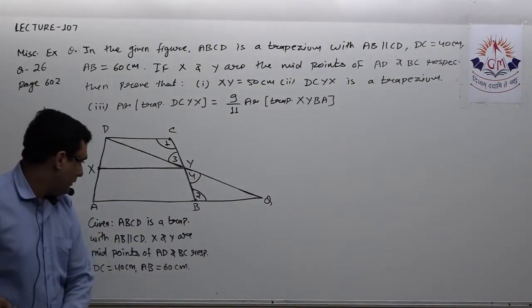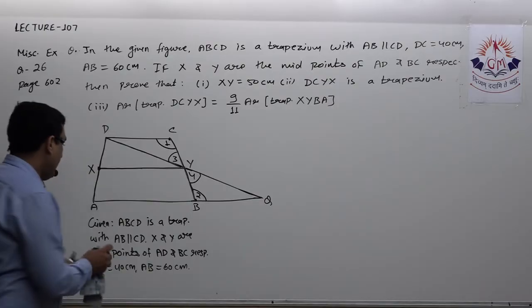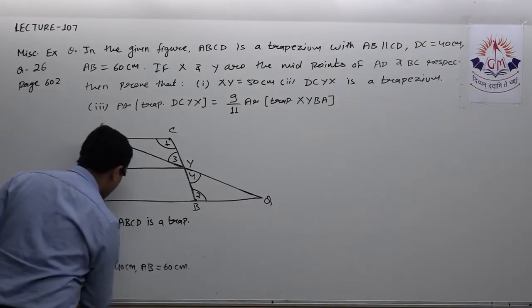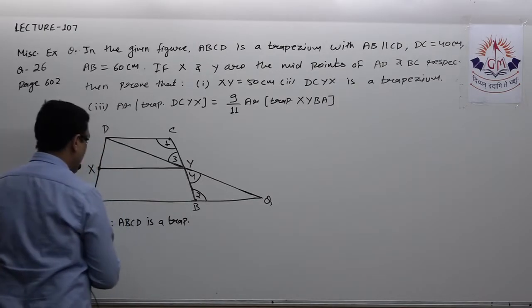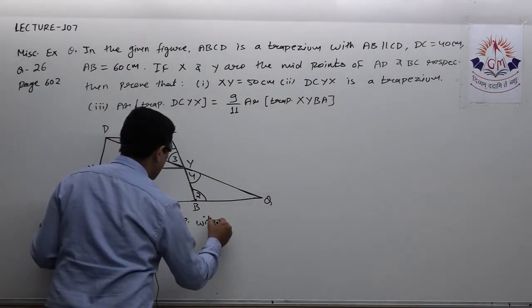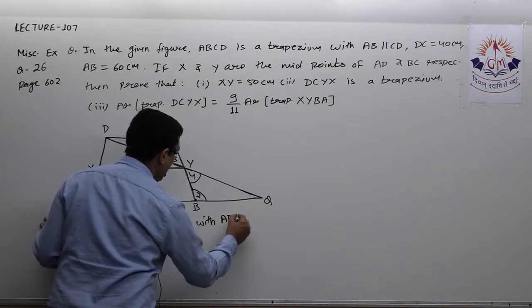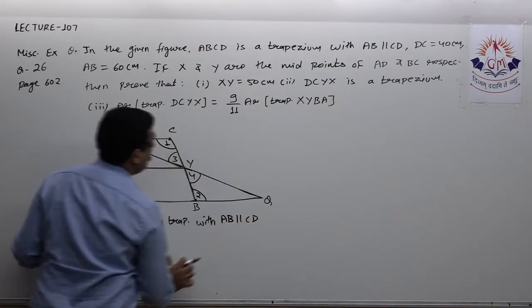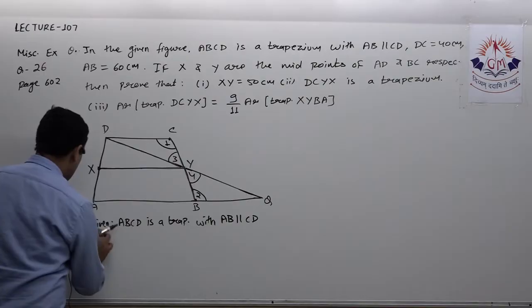So let me write this given once again in a proper way. ABCD is a trapezium with AB parallel to CD.